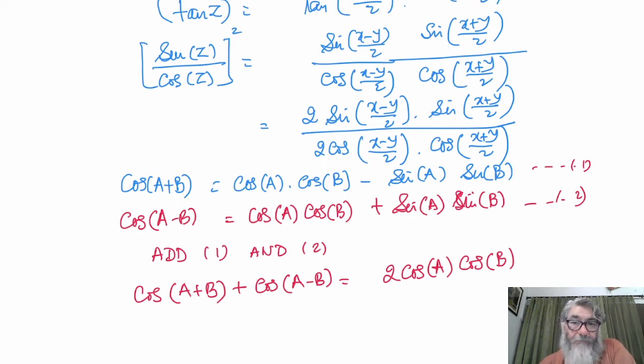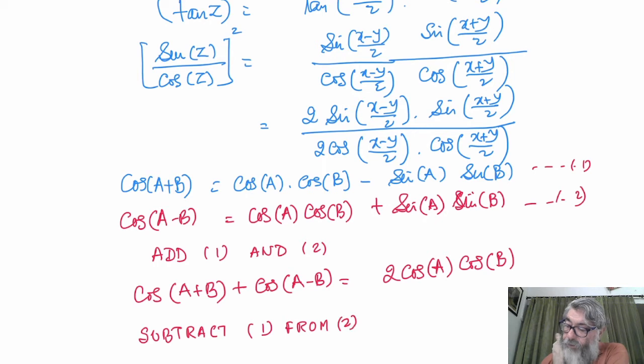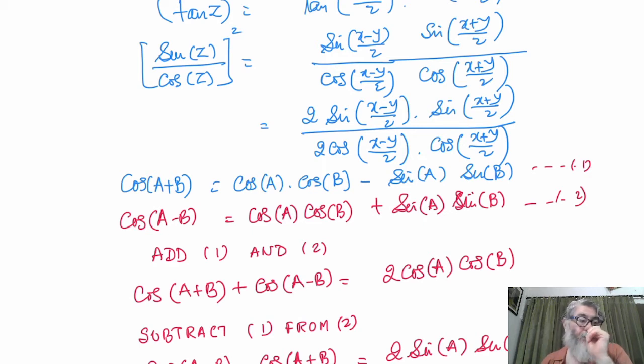Now if I subtract them, suppose 1 from 2, what will happen is you will get cos (A minus B) minus cos (A plus B), which is 2 sin A sin B. So instead of 2 sin A sin B, I can write cos (A minus B) minus cos (A plus B).